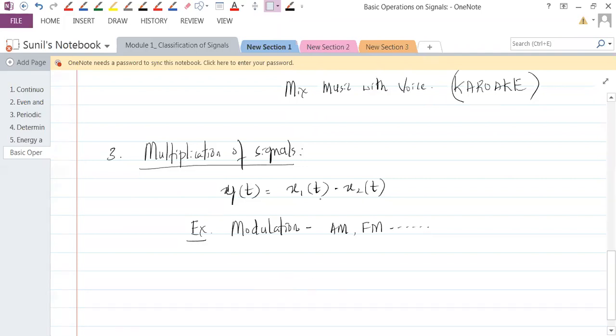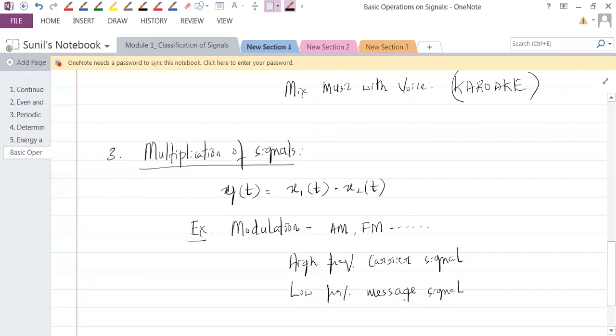That means you need two signals there: a high frequency carrier signal and a low frequency message signal.